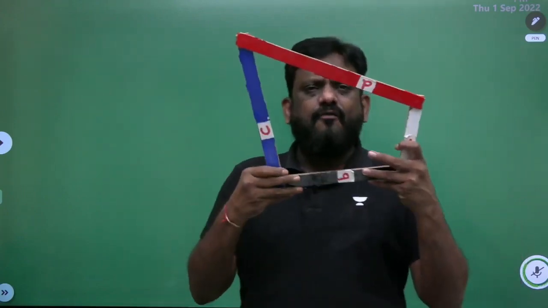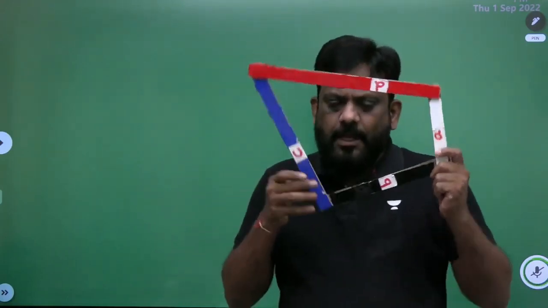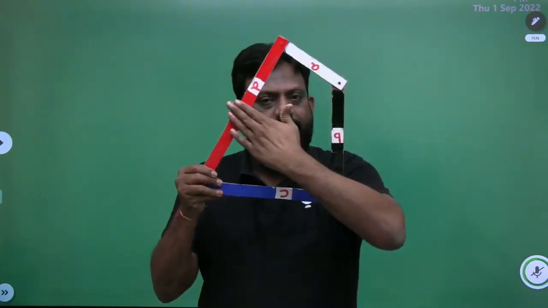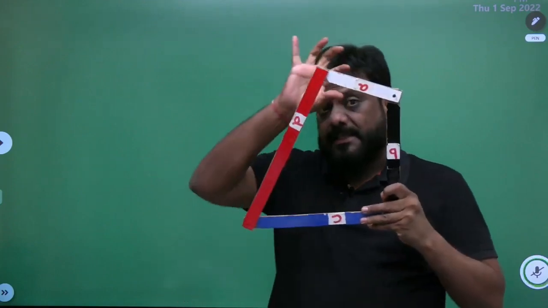Let us take a 4-bar chain. Now let us assume these to be link A, link B, link C and link D. Now just focus on the white link.